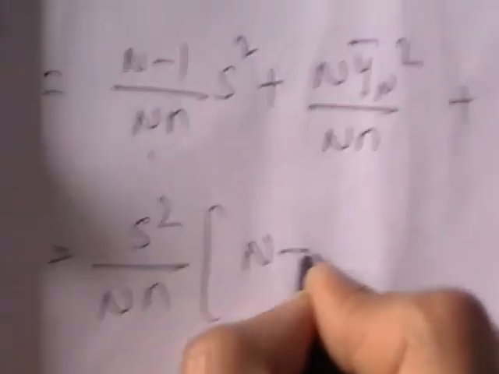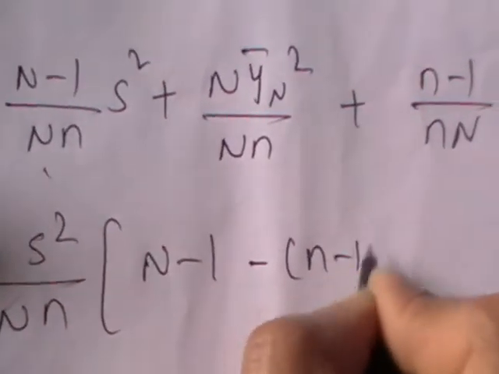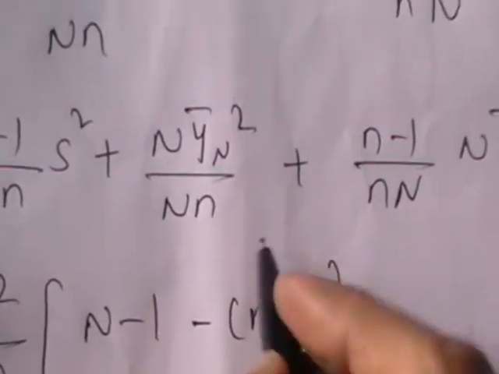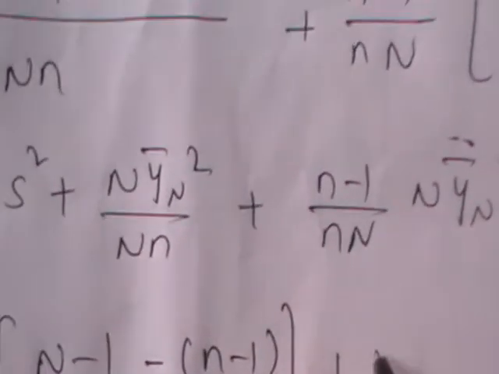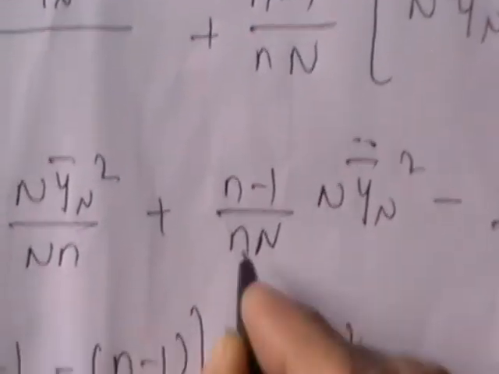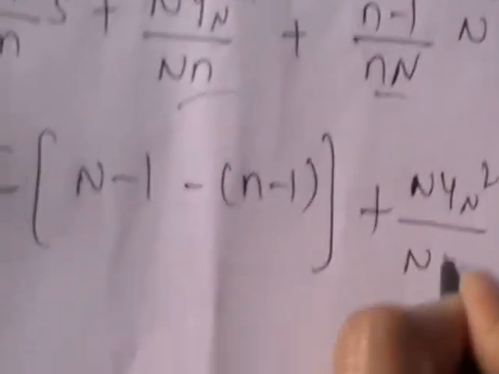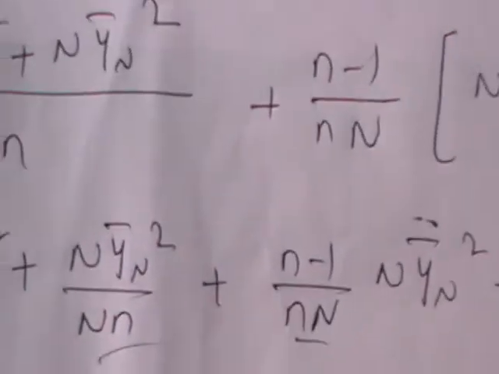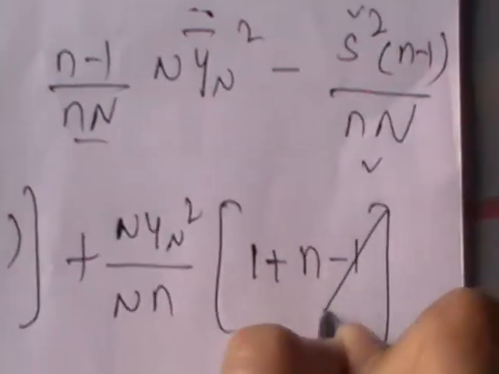You will get n minus 1 minus n minus 1. Plus from these two we can take out n y bar n square. In the denominator we have nn. We will get 1 plus n minus n. Here also this is minus 1 and plus 1. These two will get cancelled.